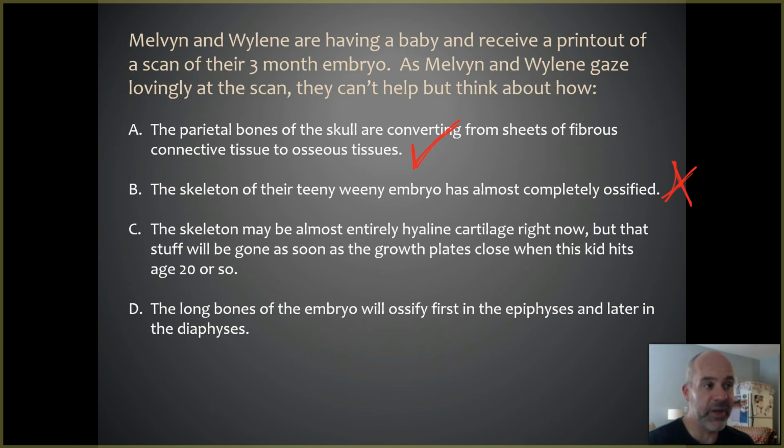It is true most of the skeleton is hyaline cartilage, but will hyaline cartilage be completely gone when you hit age 20? No, you still retain some of the hyaline cartilage. Remember, along the ends of your long bones, as an example, your rib cartilages are also hyaline cartilage as well. So is your nose cartilage. The long bones of the embryo will ossify first in the epiphyses and later in the diaphyses.